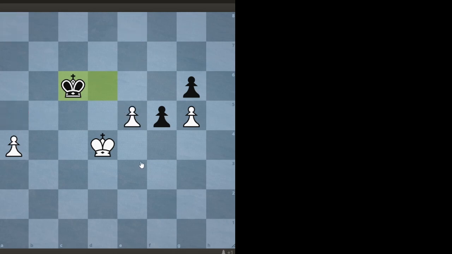Therefore, it is a winning position already. And therefore, after e5, the king cannot capture either of these pawns. If the king goes for this pawn, the other escapes. If the king goes for this pawn, the other escapes. And therefore, even if the king would be in the corner, this position is winning for white.